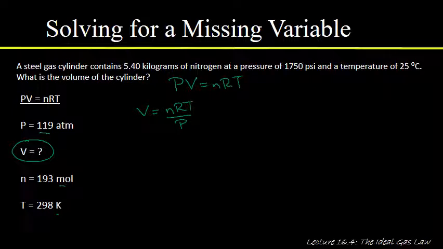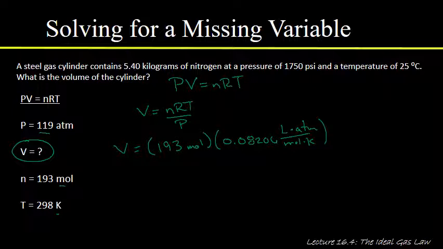And let me back up over here so I have a little bit more room. Volume is n, 193 moles, times R, the ideal gas constant, 0.08206 liters atmospheres per mole Kelvin, times temperature, 298 Kelvin.